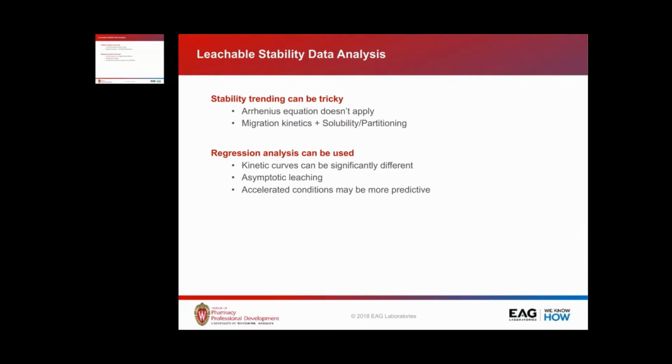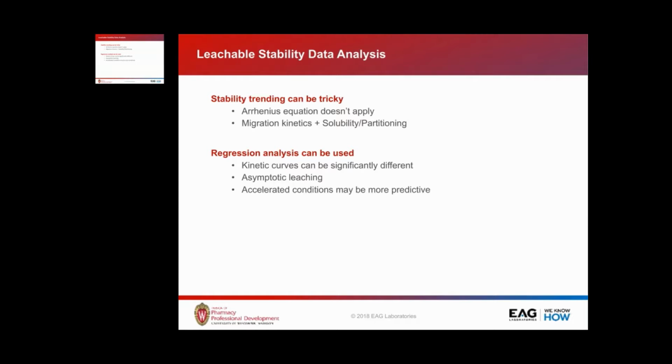Now, accelerated conditions can be more predictive, but they may not be more predictive. The challenge here is that, as I talked about with the migration kinetics and solubility, you can end up with cases where temperature affects those two kinetics, which actually compete. Think about the polymer bottle as having a solubility.